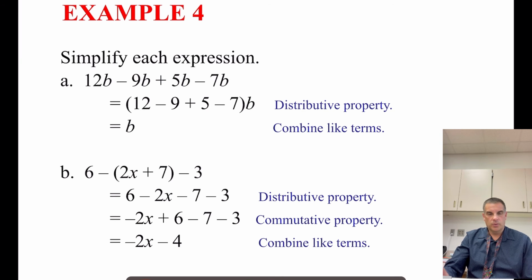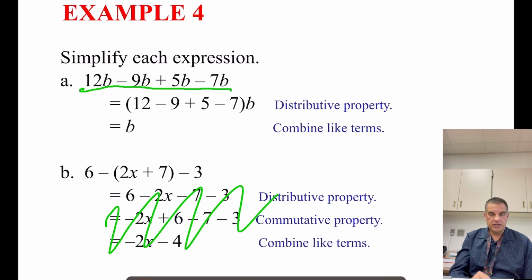Okay, so just a couple more examples of combining like terms. All of those have the same variable, so you can just go 12 minus 9 plus 5 minus 7, and that just gives you 1, and then give them the variable that they have. In this one down here, you need to be a little bit careful because of this minus right here.